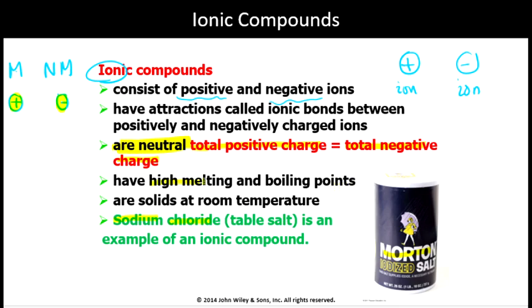They have high melting points and boiling points. So in general, ionic compounds have high melting and boiling points, and they are solid at room temperature. Room temperature means 25 degrees Celsius. Absolutely, I'm sure you remember that. So at 25 degrees Celsius, they are solid.